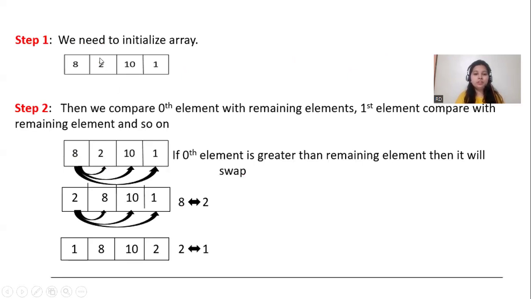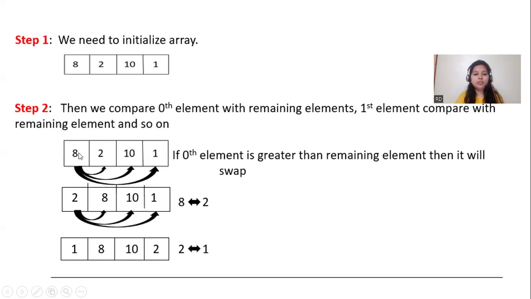After that, the first element with the remaining elements, then the third element compared with the remaining elements and so on. And if our next element is smaller than our first element, then we will swap them.